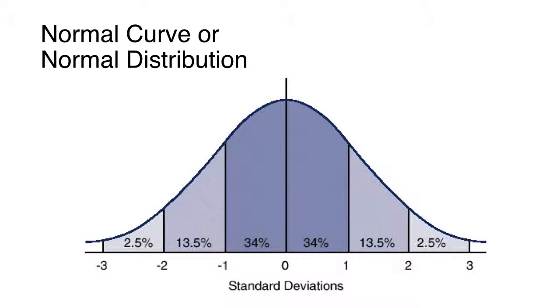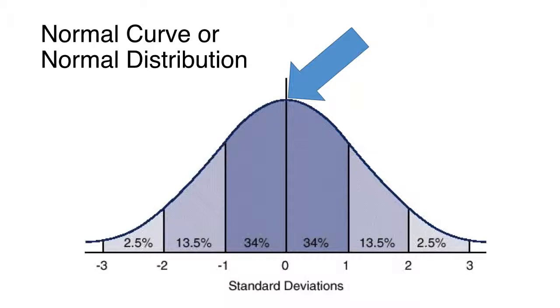Here's a frequency polygon that you've probably seen a million times in your life, not even exaggerating. This is what we call a normal curve or a normal distribution. And all it is is a frequency polygon. They took all the scores and they lined them up and they counted how many people scored each of those scores and then connected them with a line. So right smack in the middle is the mean.